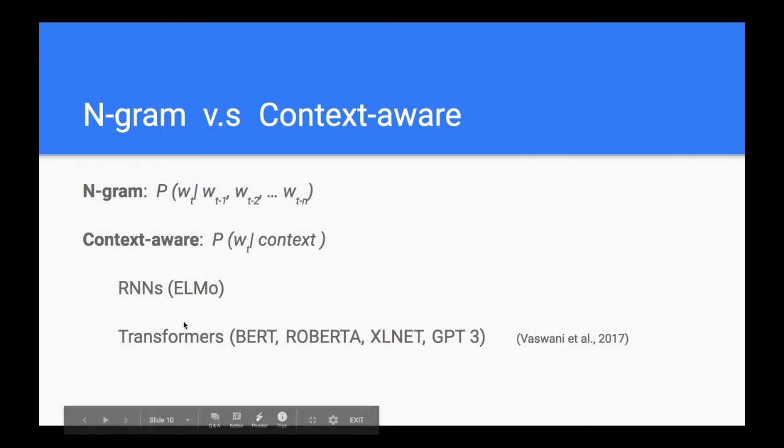And by the way, in recurrent neural networks, I would say the first widely adopted context-aware neural language model is ELMo. It used a lot of LSTMs, or more generally, a lot of RNNs, to do the language modeling. It was popular for around 10 months until the BERT model came out, and it achieved a lot of new state-of-the-art results.